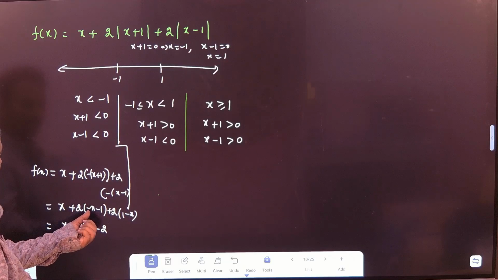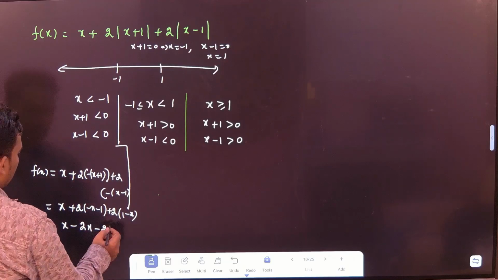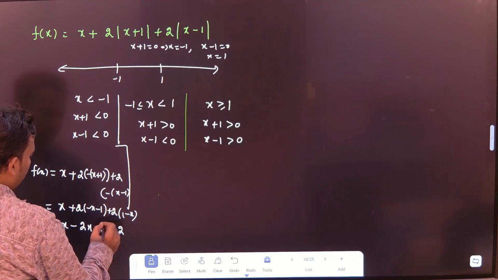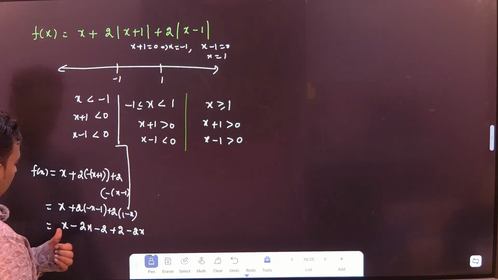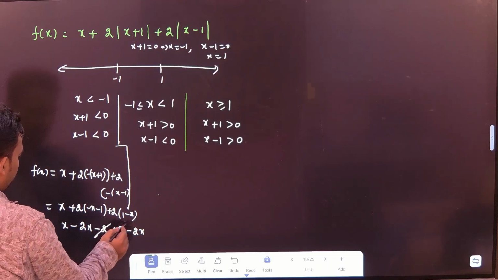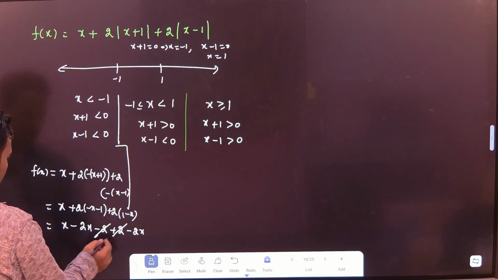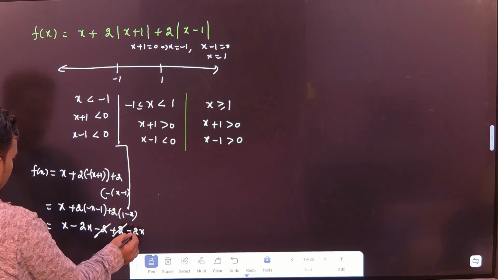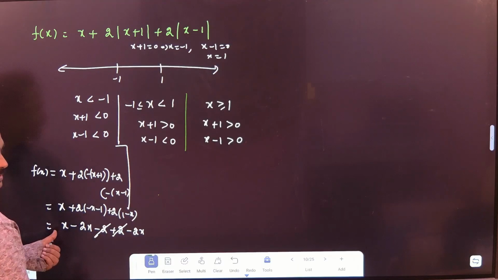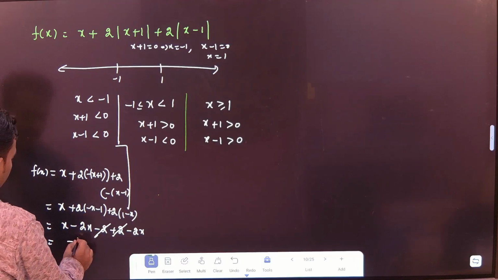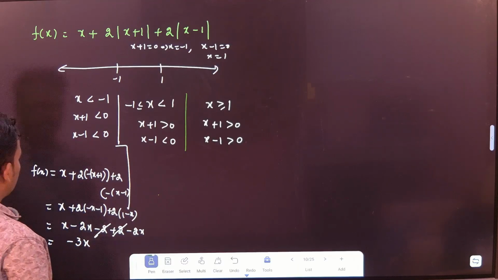So minus 2x minus 2, then plus 2 minus 2x. Minus 2 plus 2 cancel. Then you see minus 2x minus 4x. Minus 4x plus x is what? Minus 3x is what you are getting, right?